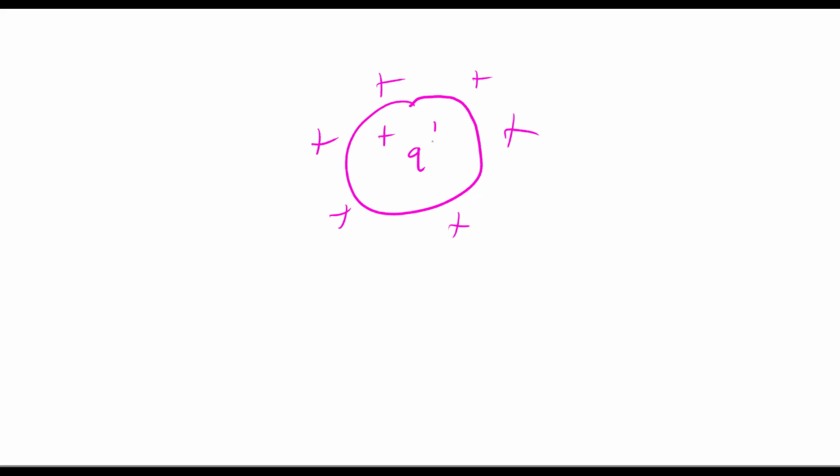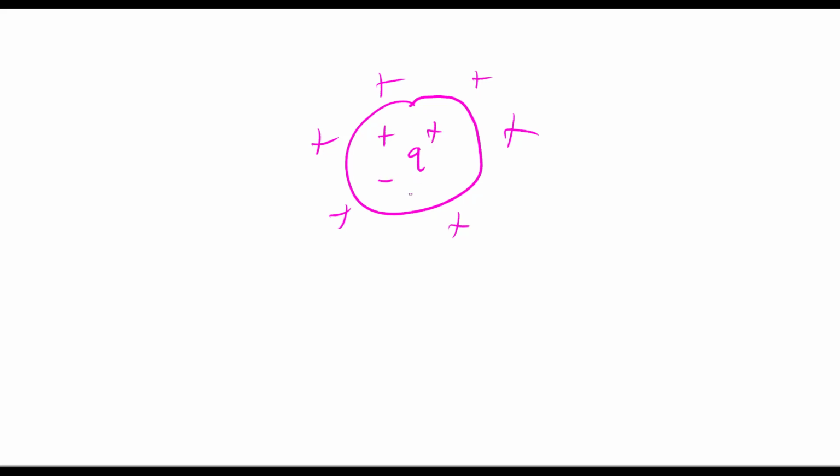When a conductor is in electrostatic equilibrium, the electric field inside the conductor is what? Again, we have a conductor that has Q. We have plus charges outside because this is a conductor. So what is the charge inside the sphere? 0, because there are no plus or negative signs in here.